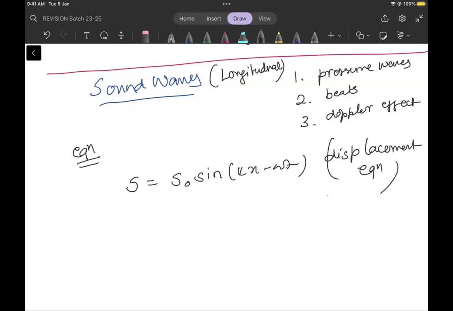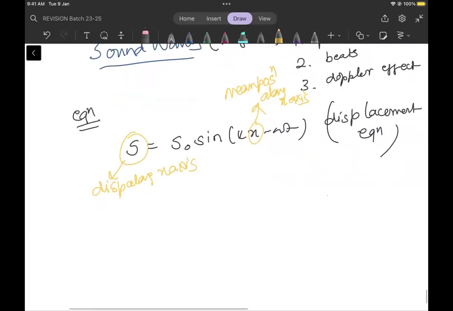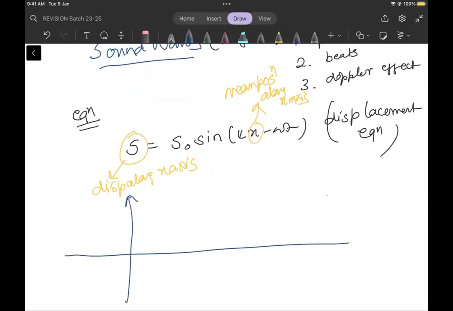So this S essentially is displacement along x-axis, and this is the mean position along x-axis, and this is essentially very weird to graphically represent.